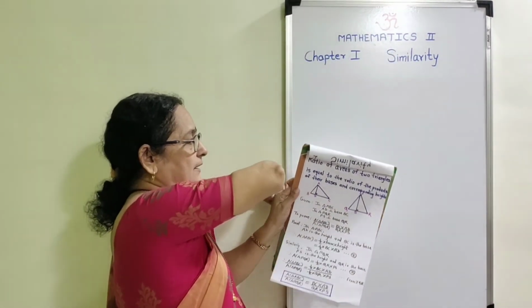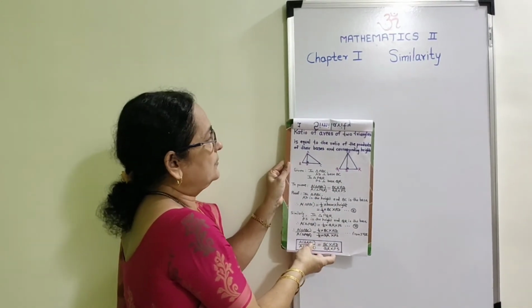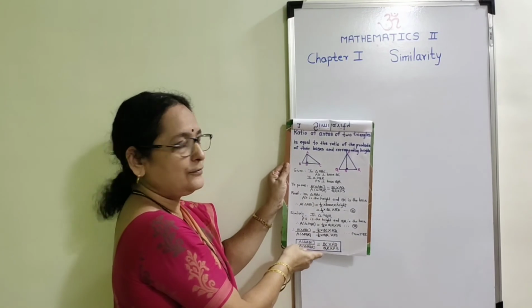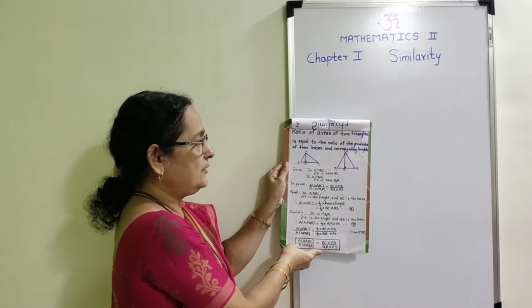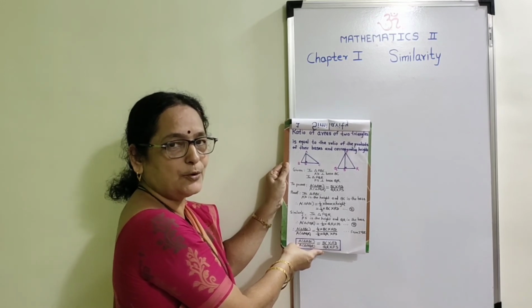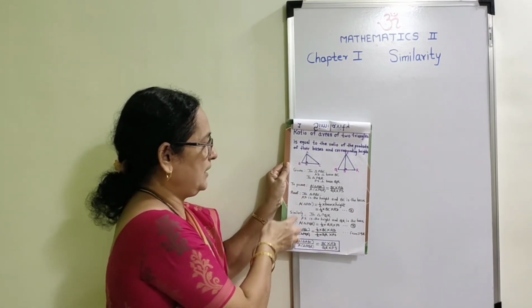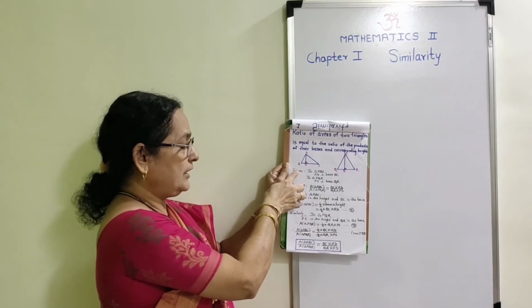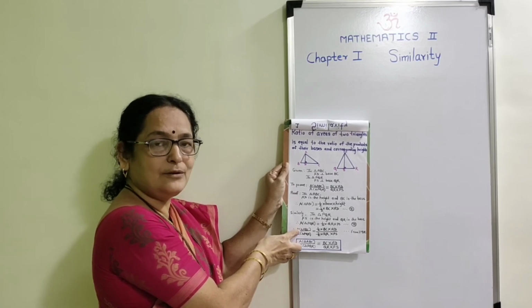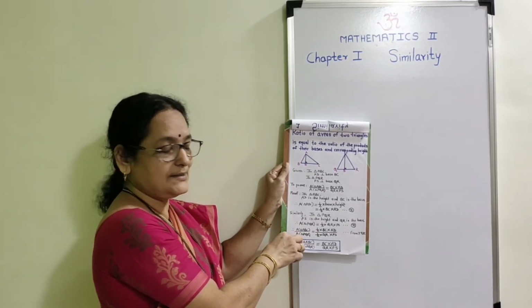Then write down the first property which we have determined: the ratio of areas of two triangles is equal to the ratio of the products of their bases and corresponding heights. While writing this property, we have to write given, to prove and proof. This property is included in the SSC board question paper for 3 marks.